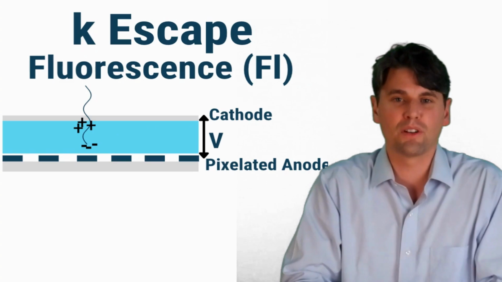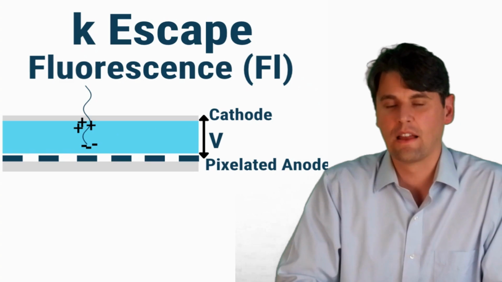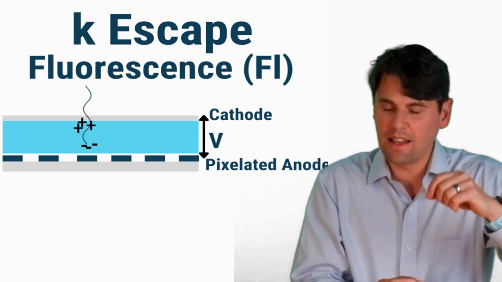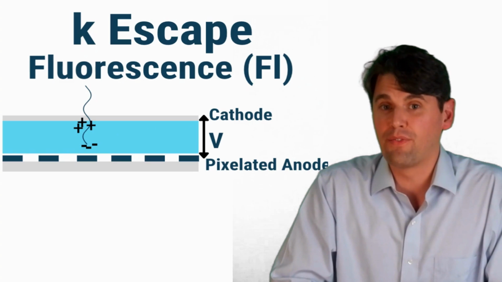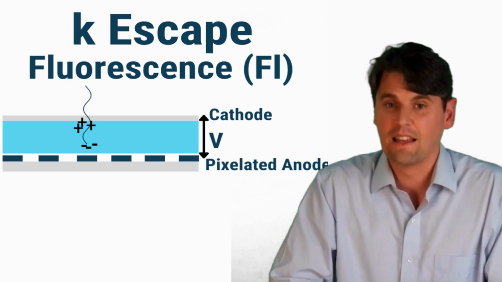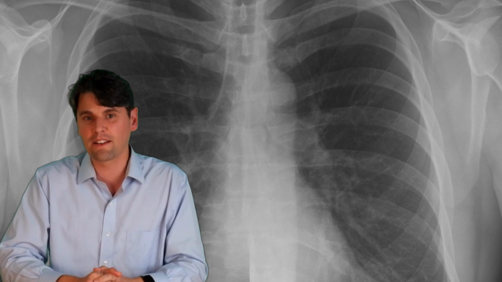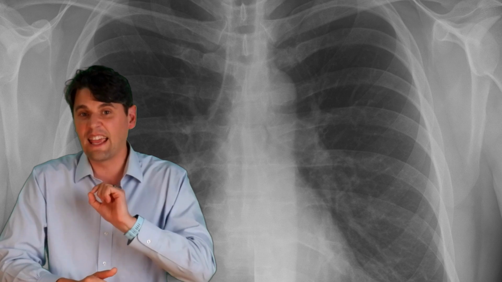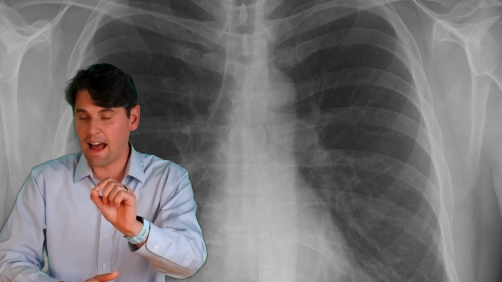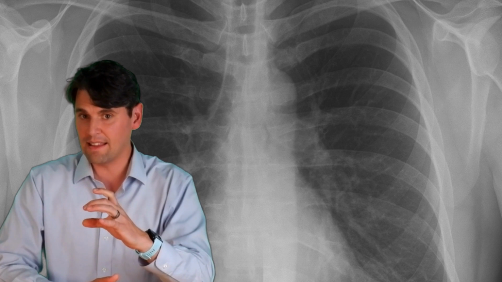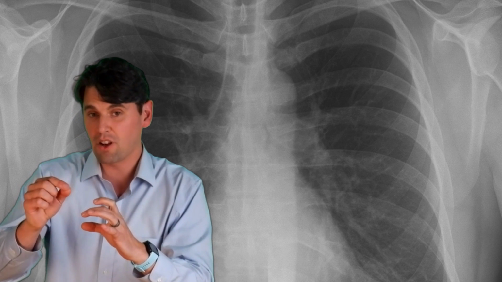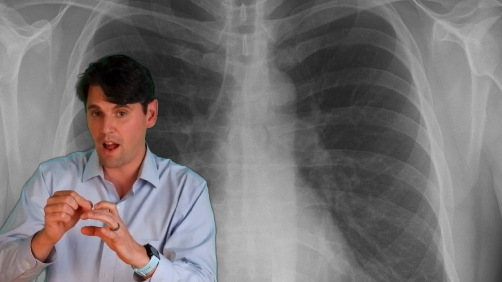We also have what's called K-escape fluorescence. So our X-ray comes in. If you haven't seen our video on photoelectric effect and Compton, check that one out. In the photoelectric effect, the idea is that an inner shell electron gets kicked out, and then there's a vacancy there. And an electron from the shell above it is going to drop down.